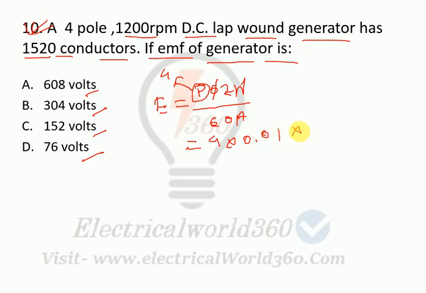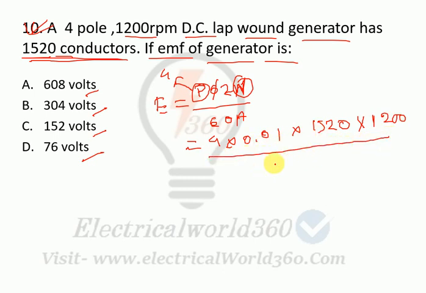Z is 1520, the number of conductors, and N is the speed, 1200 rpm, by 60A.